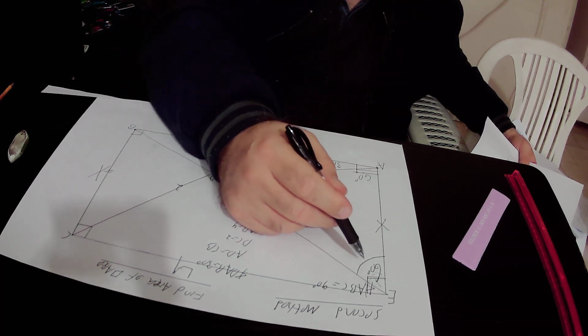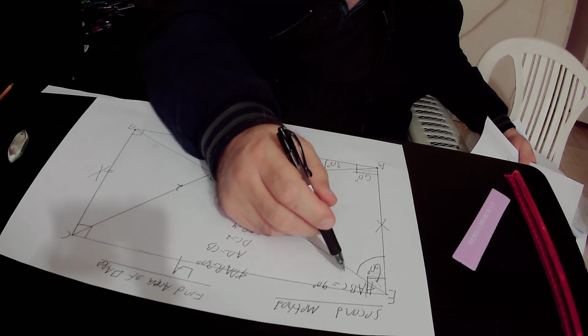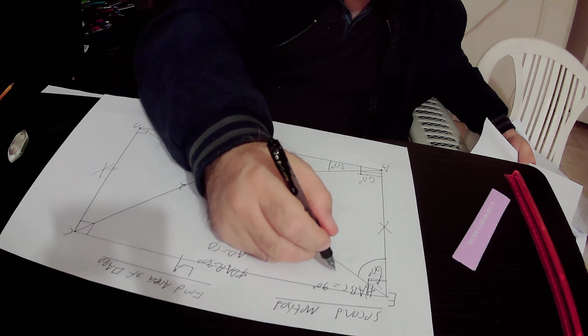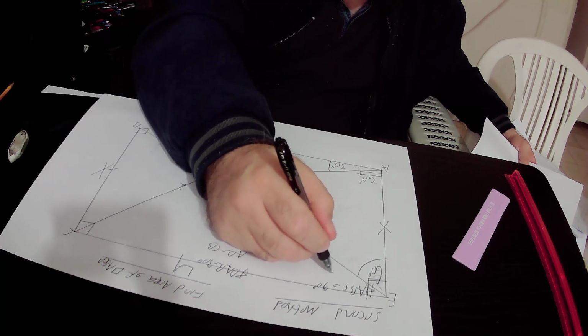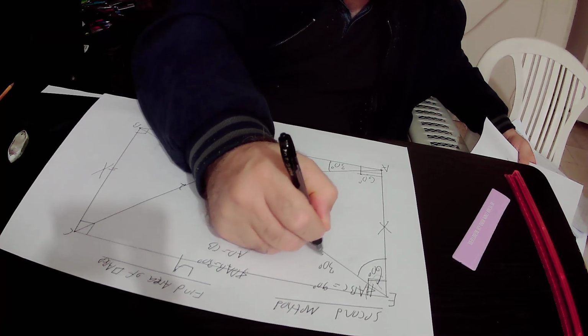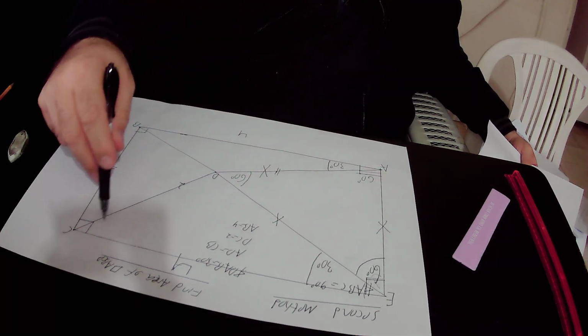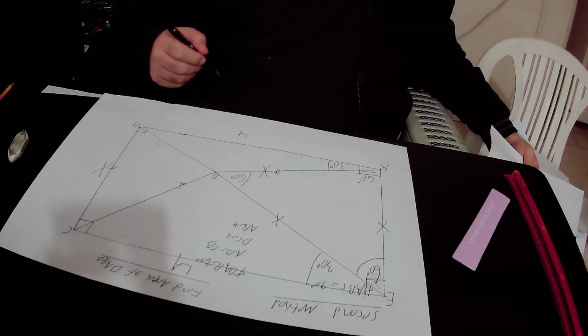So 90 degrees minus 60 degrees is the value of this angle, that is actually angle DEC. 90 degrees minus 60 degrees is 30 degrees. So we found out that angle DEC is equal to 30 degrees.